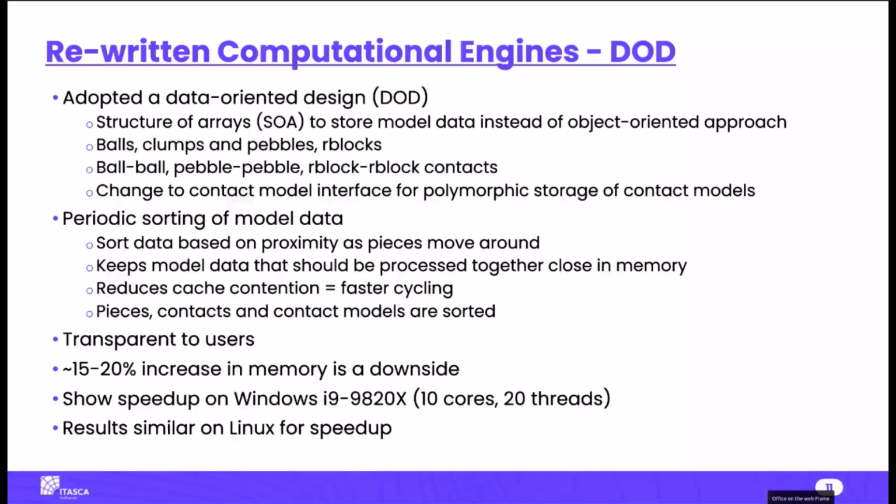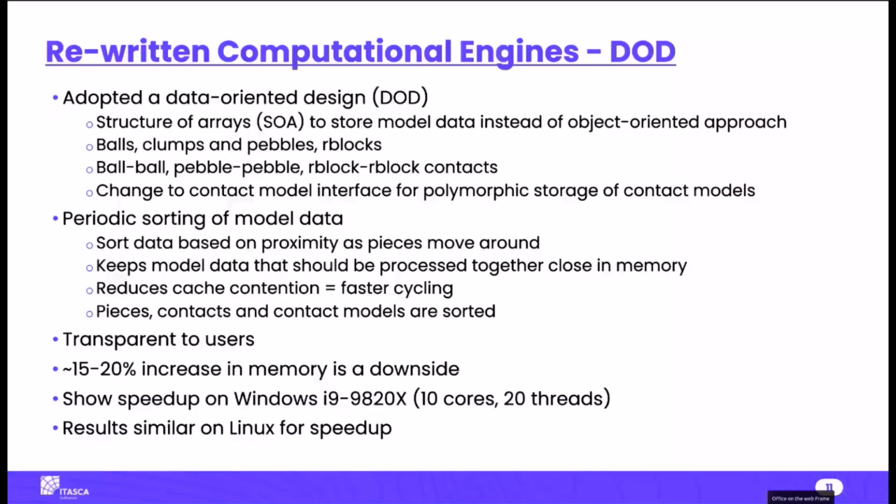And as you create a contact that's in a different memory space and a contact model in yet a different memory space, if you could move those so that in memory space they're close to each other, then when you're processing the force displacement law, it'll be faster.